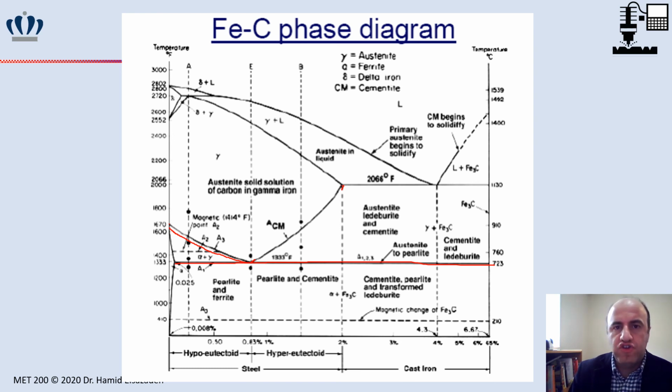Some of the compositions and names, for example what phase we have at this region, you need to memorize. For example, in this region we have pearlite and ferrite, which is alpha, and cementite.